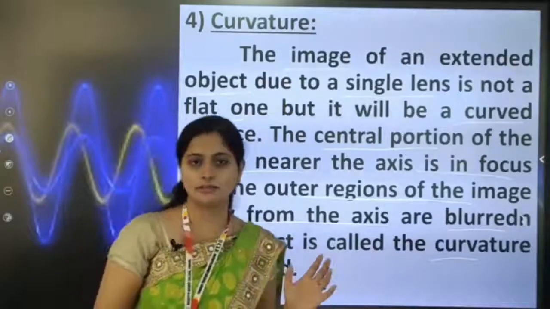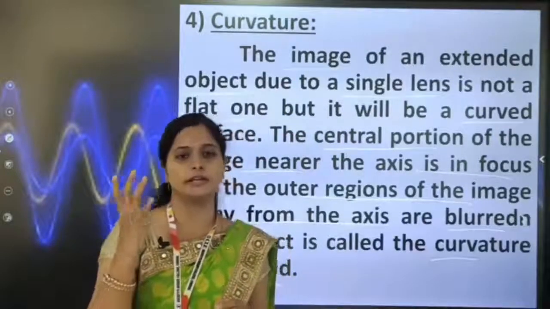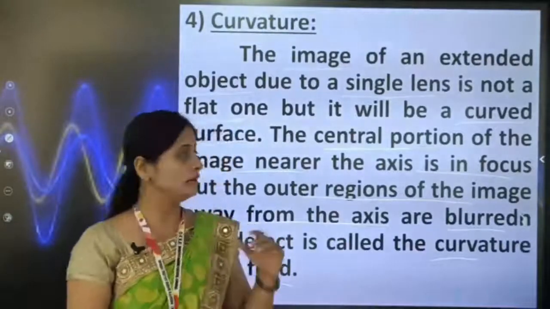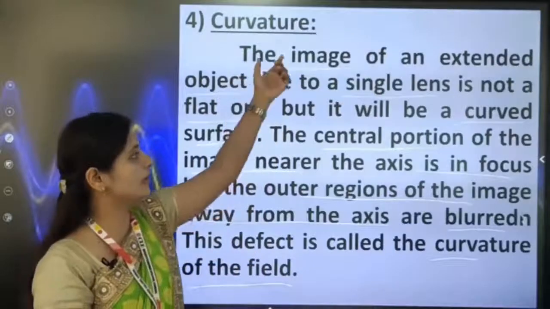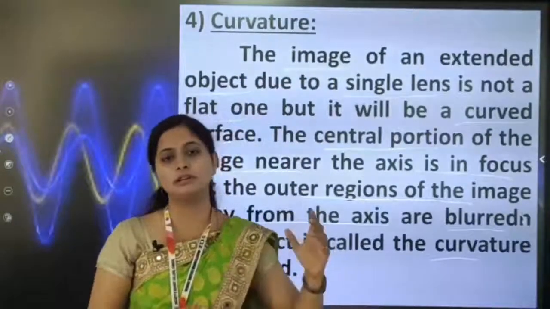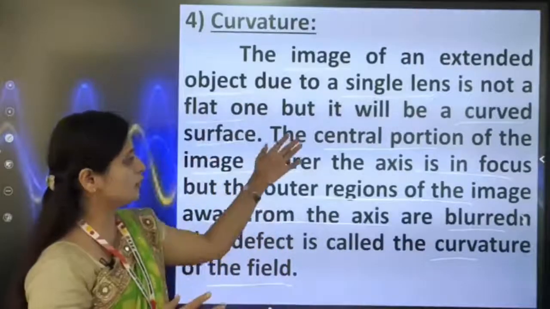So this is curvature. Here we are taking one object and extending that single lens, we are getting one image. But that image is curved, not flat. So the central portion, what happened?